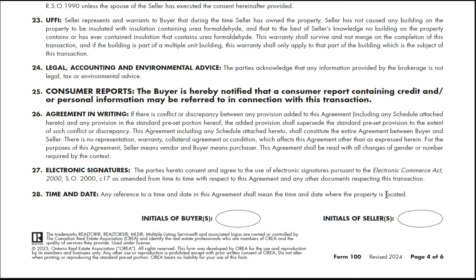Well, if the property is in Eastern Standard Time, then that is the time and date that is valid throughout this agreement. So if there is an irrevocable, then the irrevocable is based on the property's location.